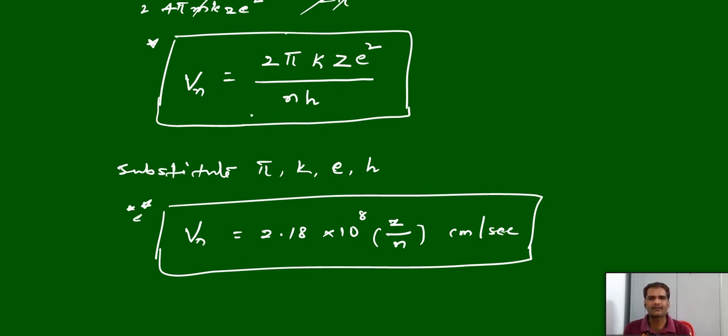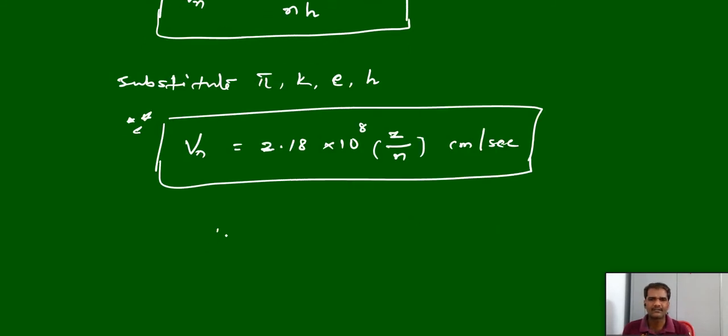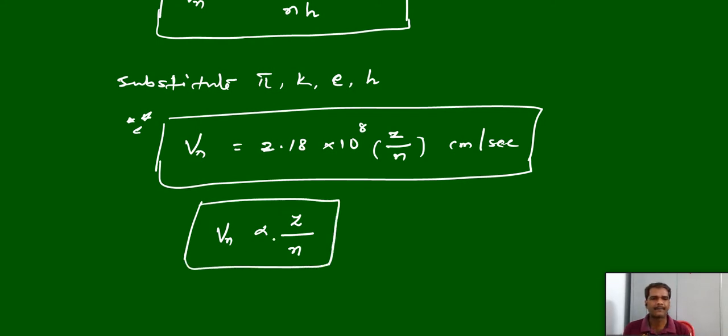Velocity of electron in terms of 2 pi, and here in terms of numerical value 2.18 into 10 power 8 Z by n. From this, the velocity of an electron in an orbit for a given atom is directly proportional to atomic number and inversely proportional to the orbit number. Quite opposite.